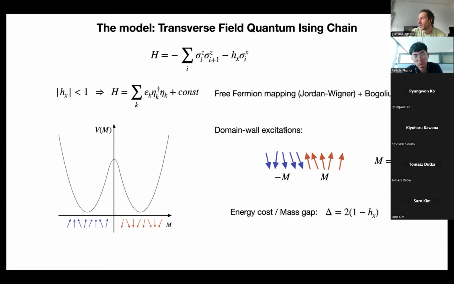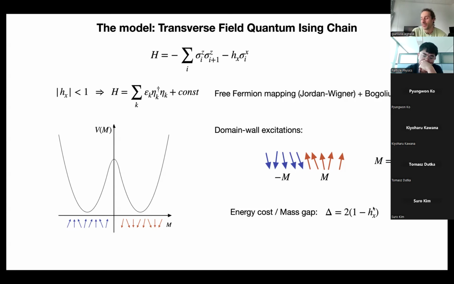Your domain wall excitations are basically interpolating between the two, so you still have this notion of domain walls. It's just that they're not interpolating from minus 1 to 1, but to something different from 1, still greater than 0. And the mass gap also gets corrected. The energy cost is no longer 2, but 2 times 1 minus Hx. But you still have this intuition of the dynamics.